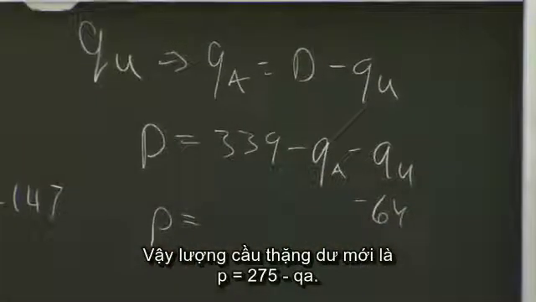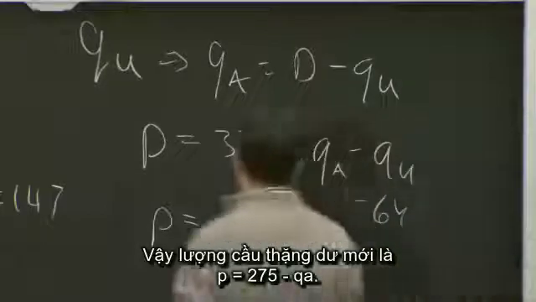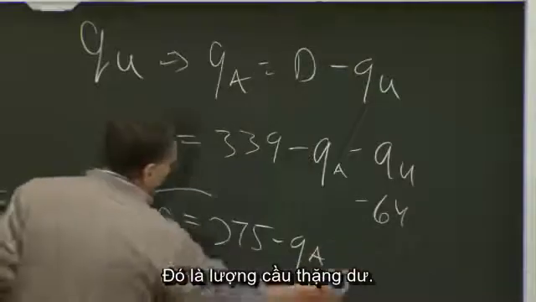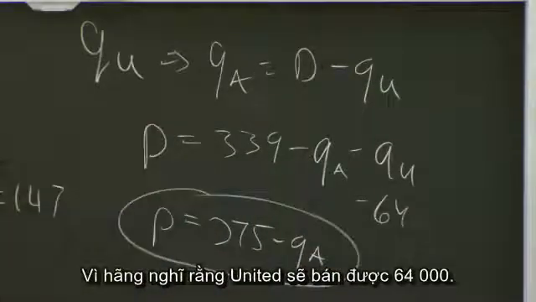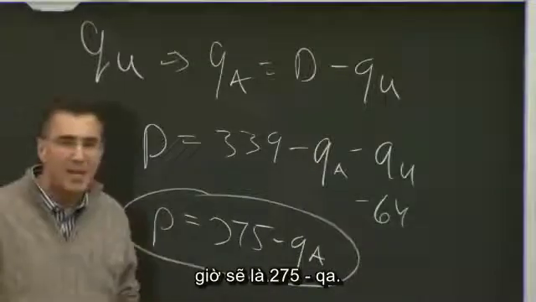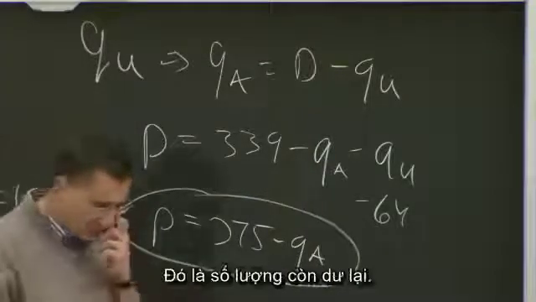So my new residual demand is P equals 275 minus Q sub A. That's my new residual demand, because I thought United's going to sell 64,000. So instead of my demand being 339 minus Q, now it's 275 minus Q sub A. That's what's left.